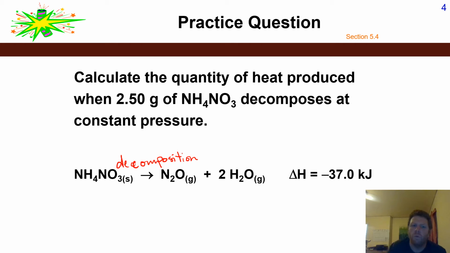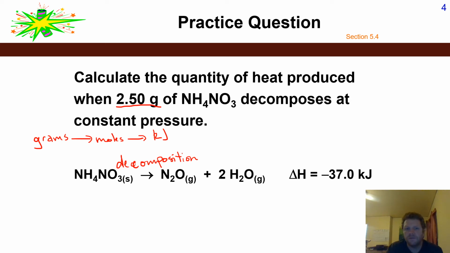That's when you have 1 mole. So what I want you to think about here is if you have 2.5 grams. This is going to be an example where you take grams to moles to kilojoules. But you actually already have this.